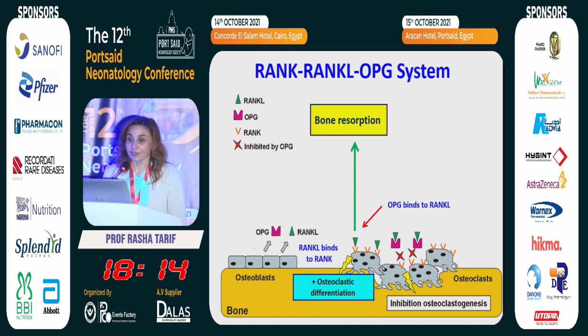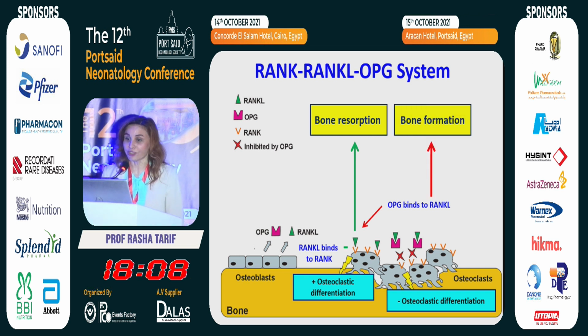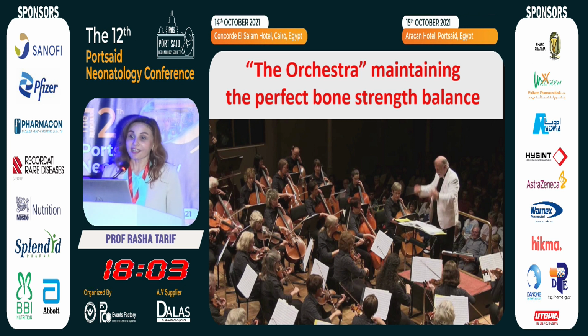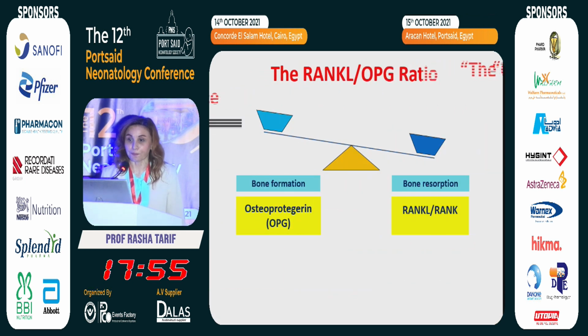On the other hand, OPG binds to RANKL, inhibiting osteoclastic differentiation, which results in bone formation. So it's like an orchestra maintaining the perfect bone strength balance between bone formation and bone resorption.